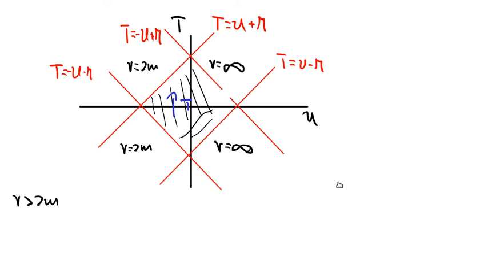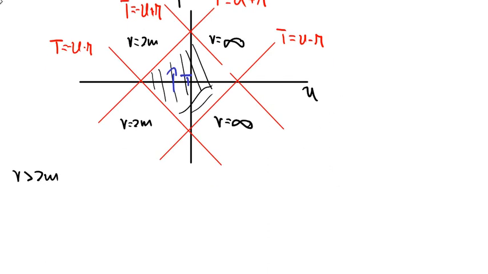And what about the case in which small r is less than 2m? Remember that small r equal to 0 is a curvature singularity.